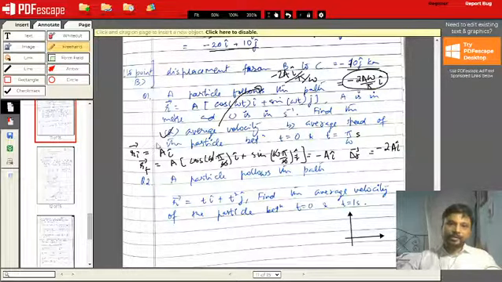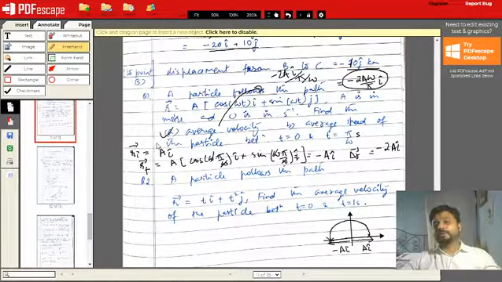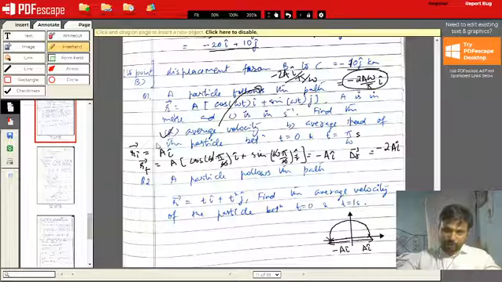The particle is initially at a i cap, and it is moving along the circle. At the final time, the particle is at minus a i cap. This would be the initial position vector, that is a i cap, and this would be the final position vector, that is minus a i cap. The displacement vector would be the final position vector minus the initial position vector, which we found.